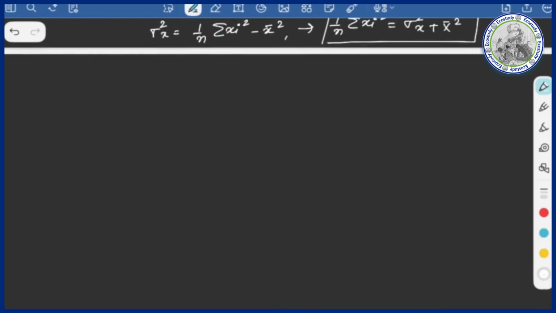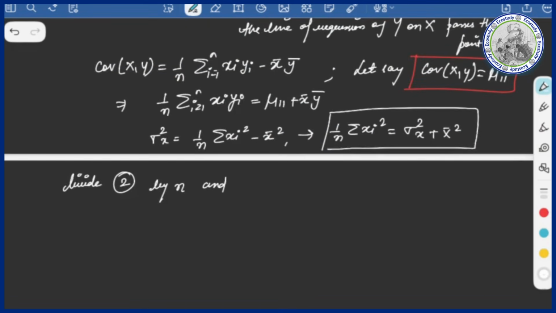Now divide equation 2 by n, and I will give some numbers here as well: that is 3, that is 4.